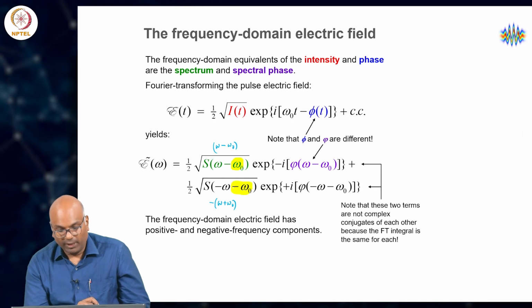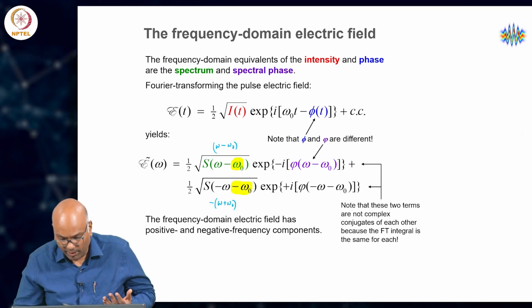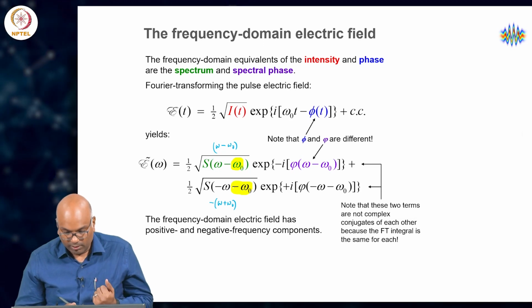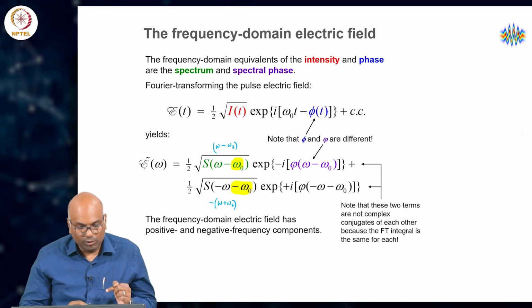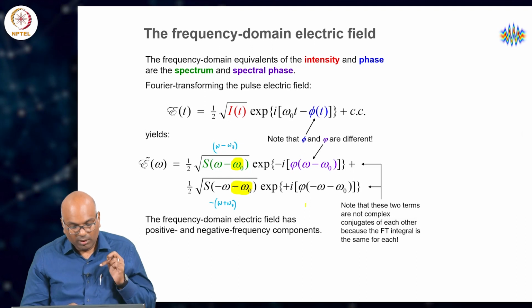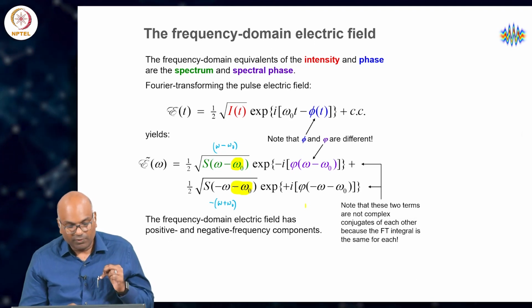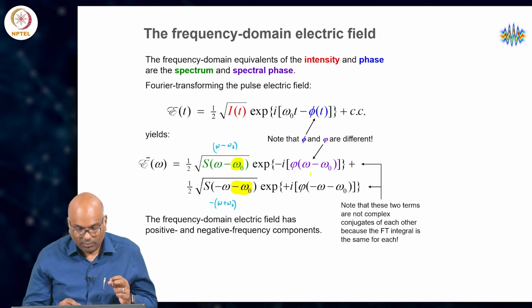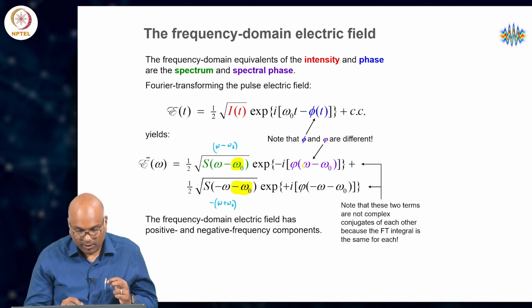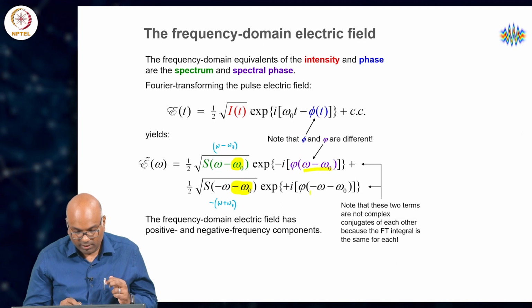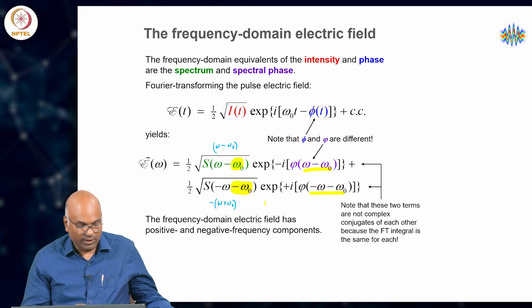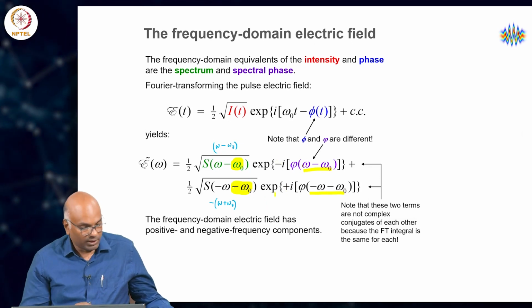The frequency is spread, if you wish, but that's of course a mathematical consequence. But important to note that these two terms are not necessarily complex conjugates of each other. That is the exponential terms. Here it is omega minus omega naught, whereas this is minus omega naught. It's not the I alone which is changing sign from minus I to plus I.